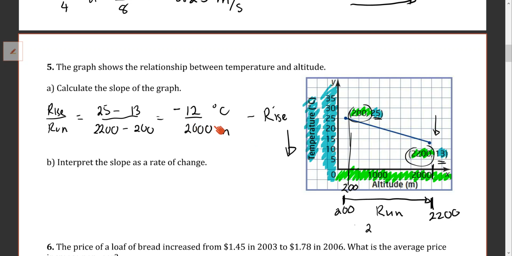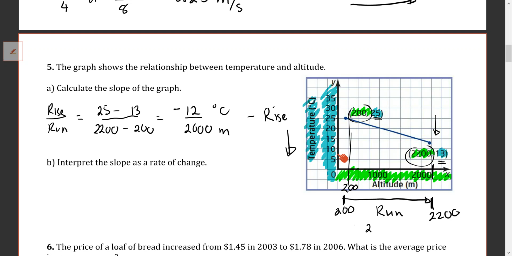I'm confused. What does altitude mean? How high you are. So this is telling me, as I go higher, the temperature comes down. So imagine, what would you be in if as you go up, it gets colder?